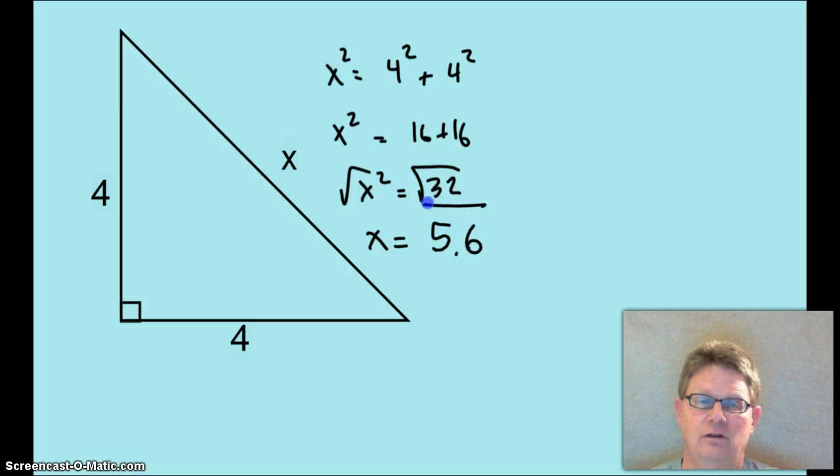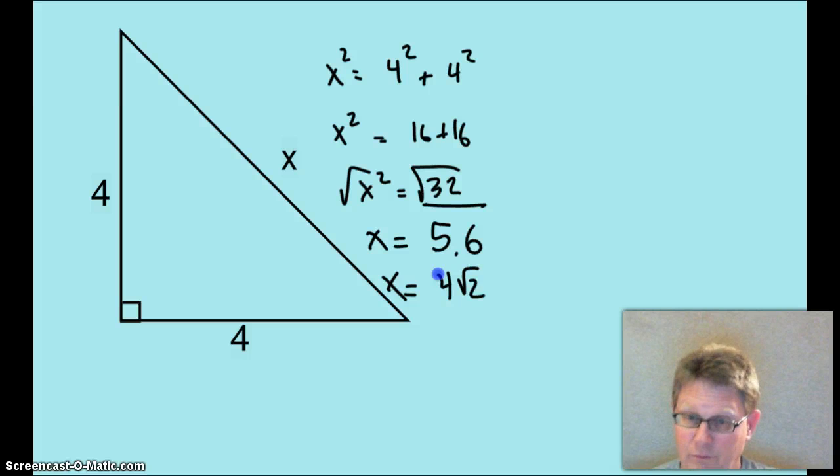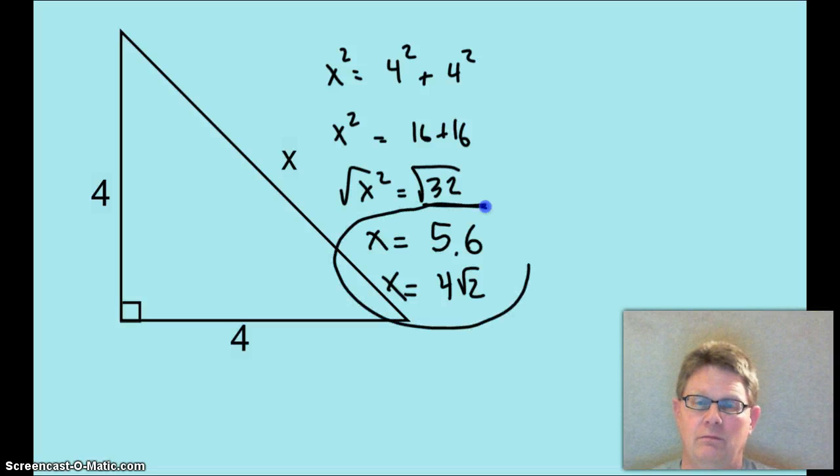And then if they ask you to simplify that, x would be 4 root 2, because root 32 is root 16 times root 2. I'm not sure which one of these they're going to ask you for. This might be 5.7 now that I think about it. Yeah, 5.7. Alright, let's move along.